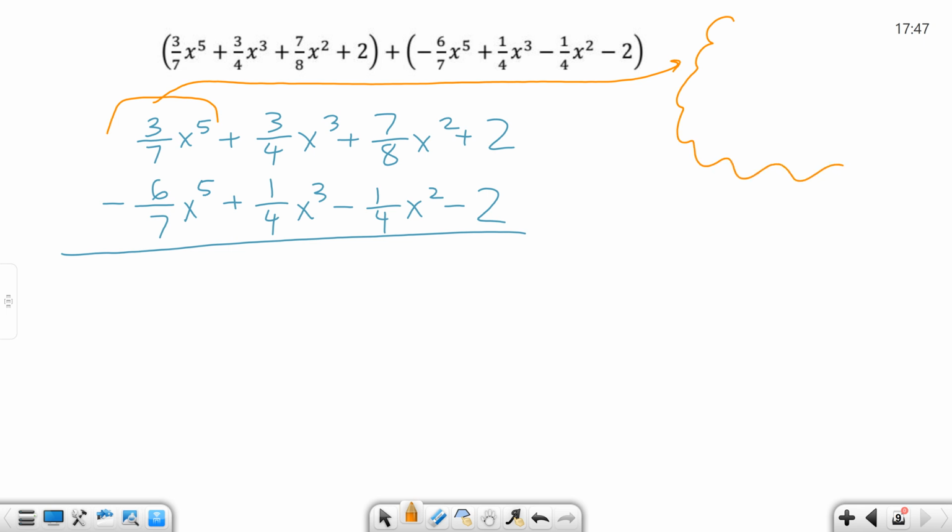So in my little orange thought cloud, I'm going to say, okay, I need to do 3/7 minus 6/7. Isn't that how you combine like terms? You just worry about their coefficients, and then you know it's going to be what? I already know this term is going to be x to the 5th, unless it cancels, and if it's 0, it's still 0x to the 5th, but 0 times anything is 0. So if it cancels, it'll be gone, but otherwise there's going to be an x to the 5th there. So 3/7 minus 6/7. Well, guess what?